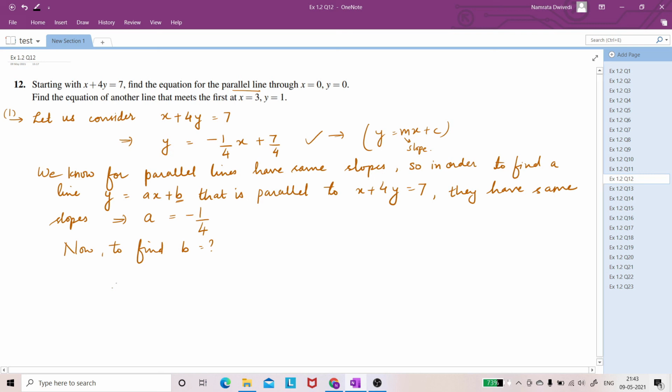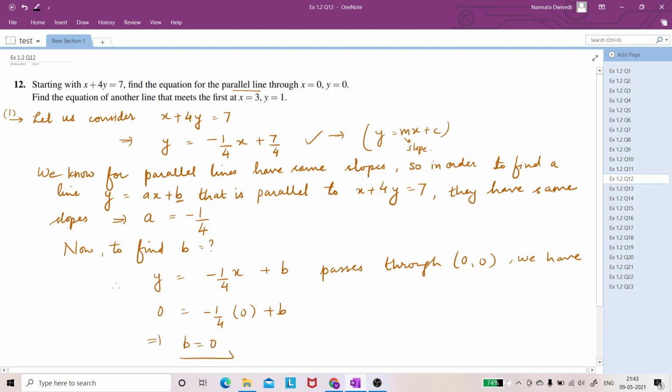Therefore y is equal to minus 1 by 4x plus b passes through 0 comma 0. So we have 0 equals minus 1 by 4 times 0 plus b. This implies b is equal to 0.